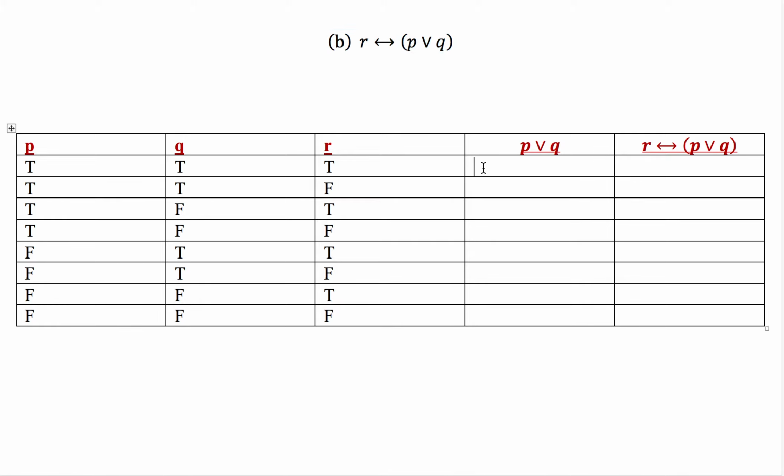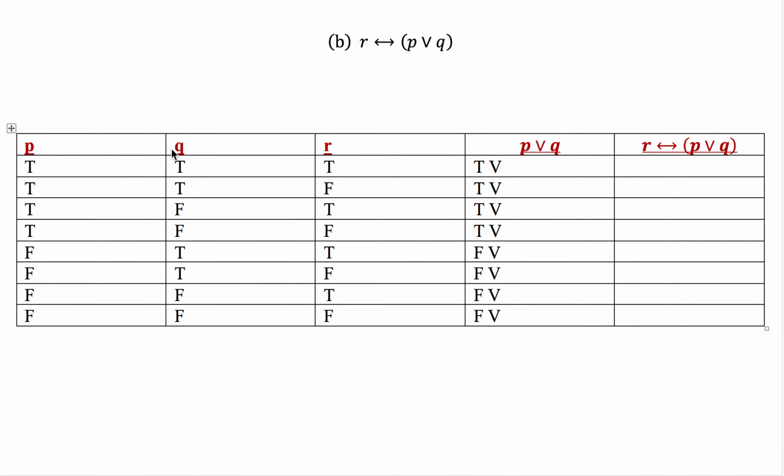Okay. All right, so I'm going to start off and do some copying. So I'm first going to copy over column P. So these values right here, I'm just going to copy over here. All right, and then I'm going to put my symbol in between. And then I'm going to copy the Q's.